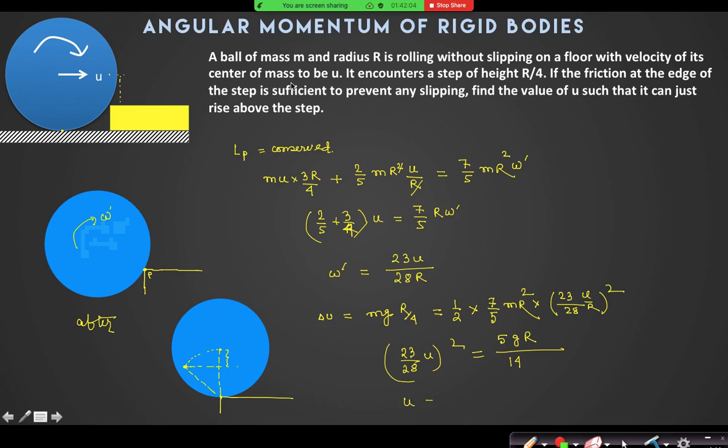So u is equal to 28 by 23 under root of 5gr by 14. Have you got that as your answer? Yes, sir.